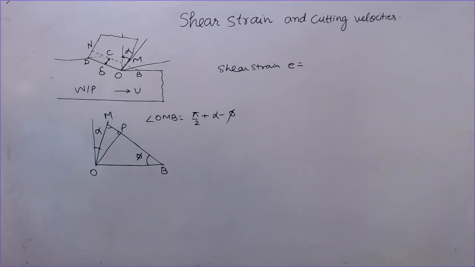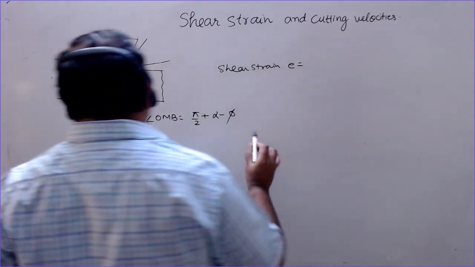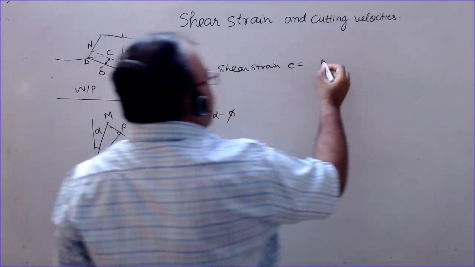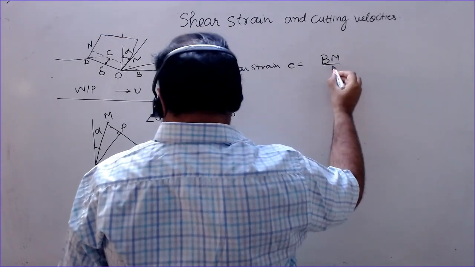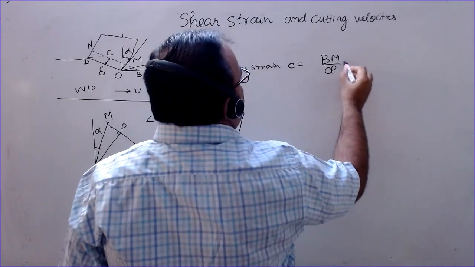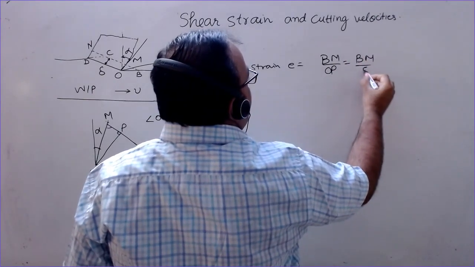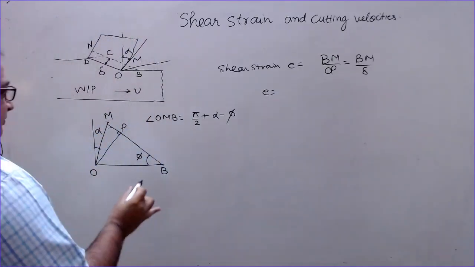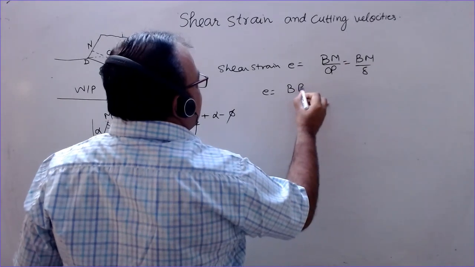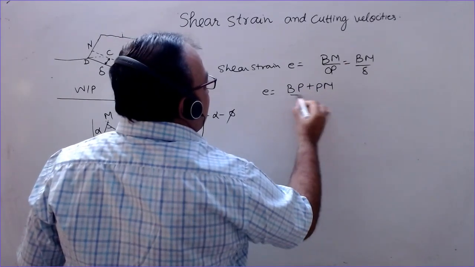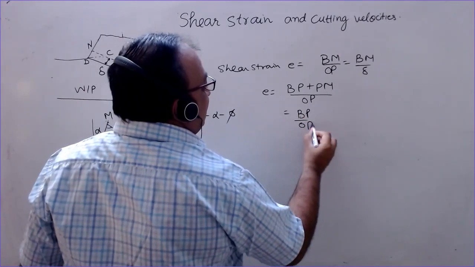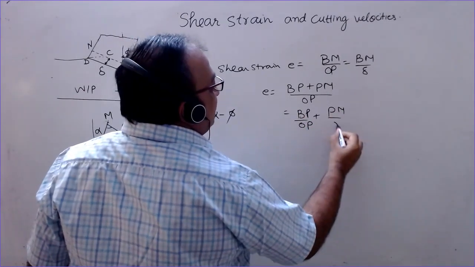So we have the shear strain that is defined as this length BM divided by OP, which is BM divided by delta, or E is BM can be written as BP plus PM divided by OP. So BP by OP plus PM by OP.